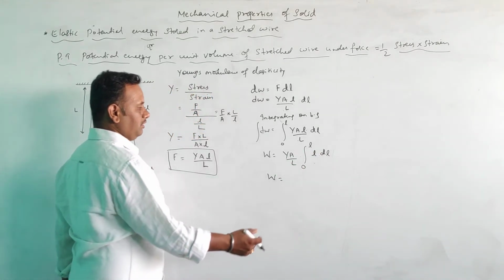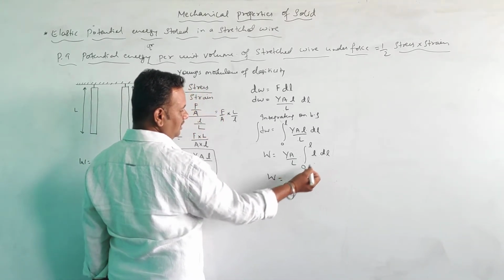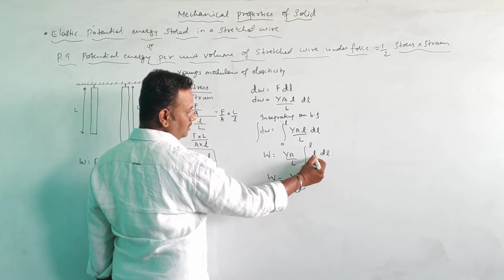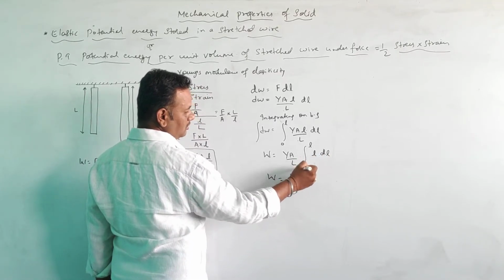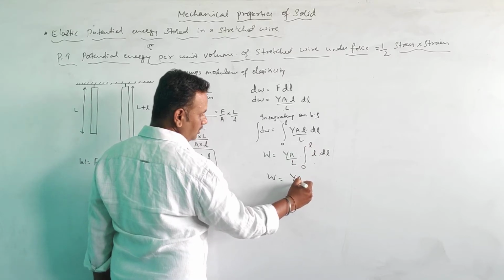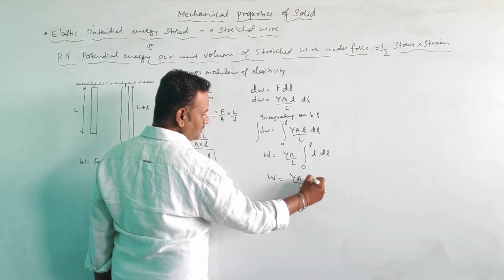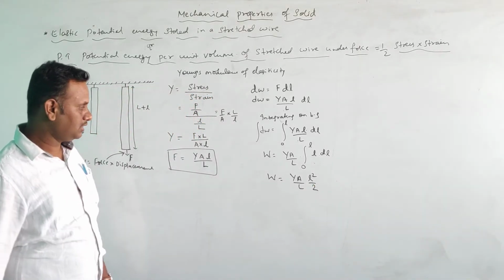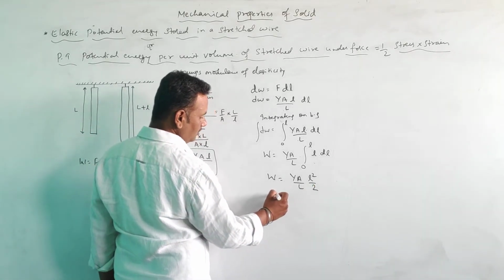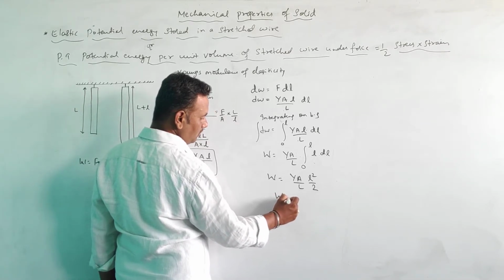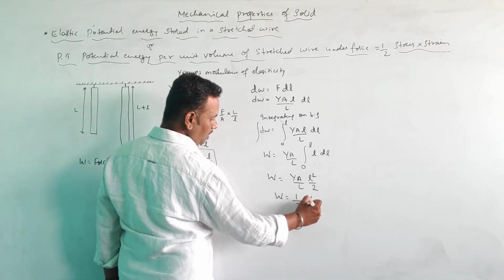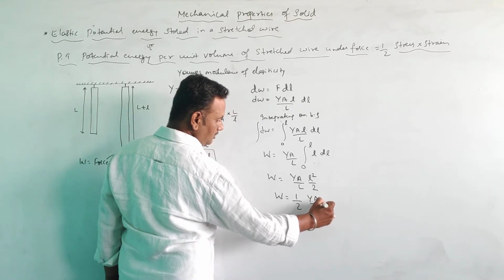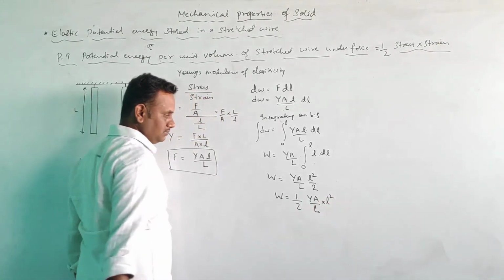Now if we integrate with respect to l here, it becomes Y A integration of l with respect to dl. So limit 0 to L means it is l square by 2 here. So this will be our total work done, that is W is equal to half Y A by L into l square.